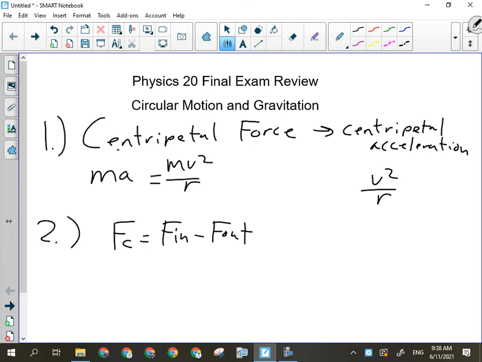What provides the centripetal force on an unbanked corner? Friction. Friction is what keeps you from sliding. If you're on a banked curve, what provides most of the centripetal force? Normal force, right? Remember that bank is really an inclined plane.